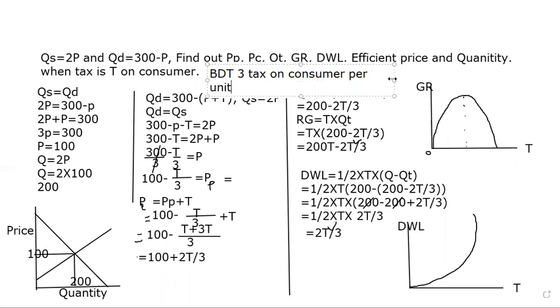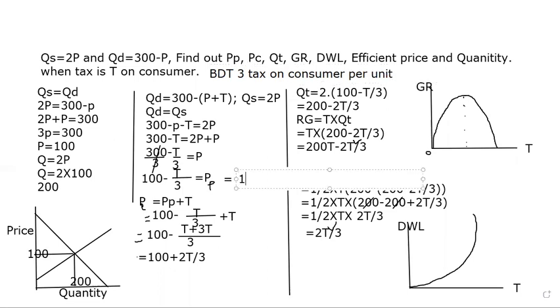In that case, our producer price will be 100 minus 9/3. So 97 taka is producer price.